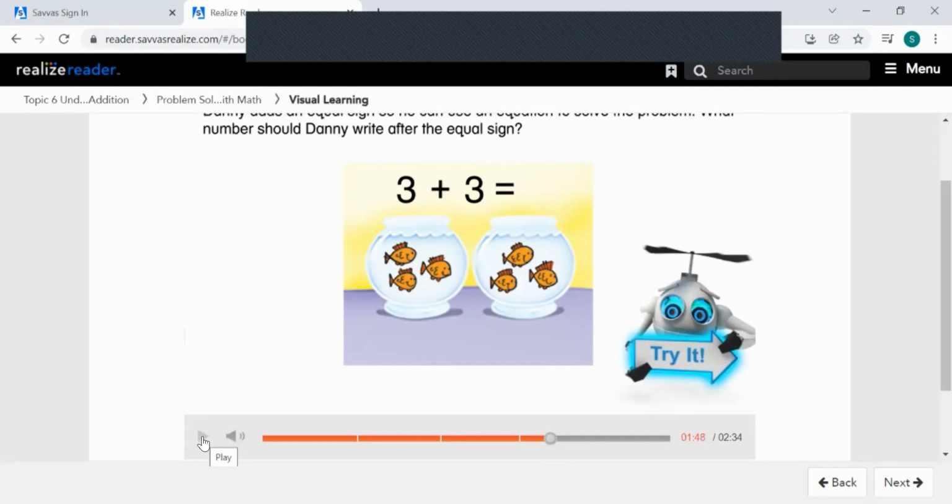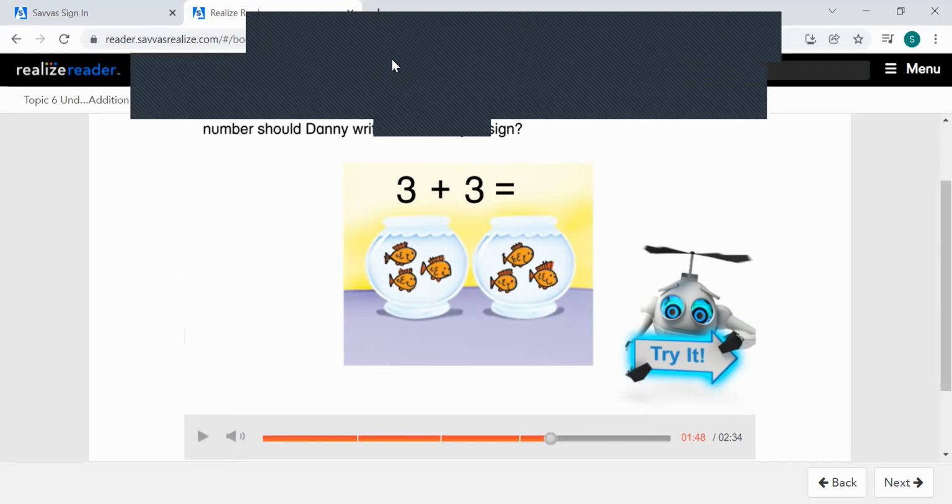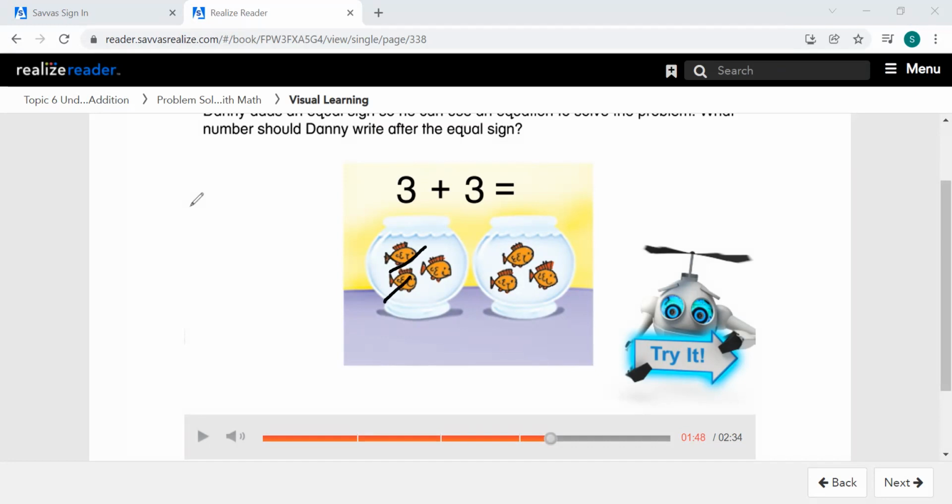Okay, so 3 plus 3 equals what? We're going to add those two numbers together. So let's count them together. 1, 2, 3, 4, 5, 6.